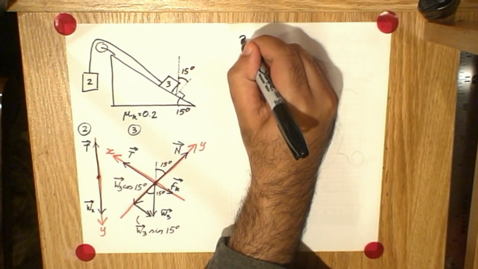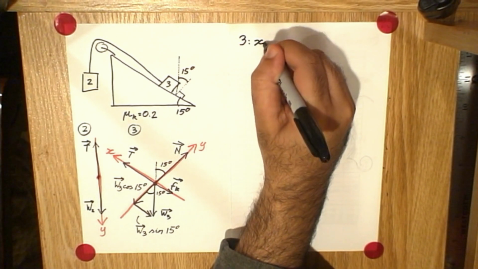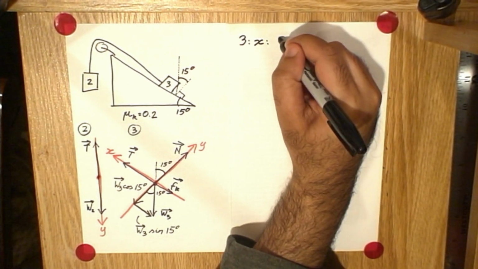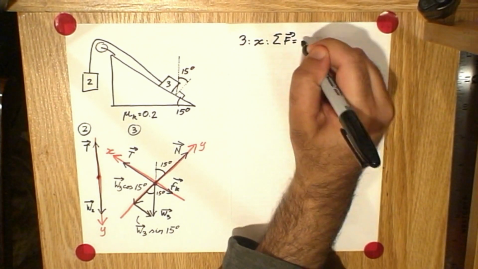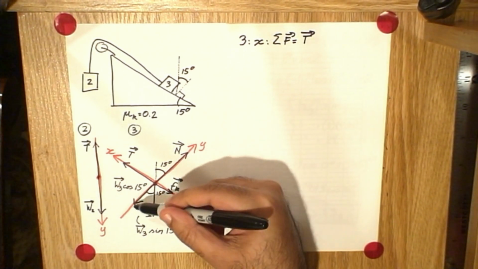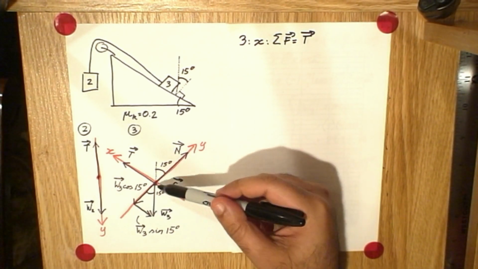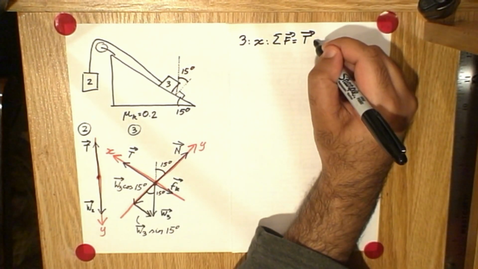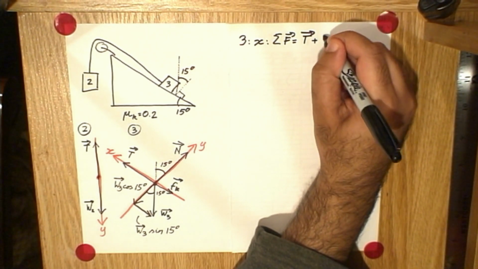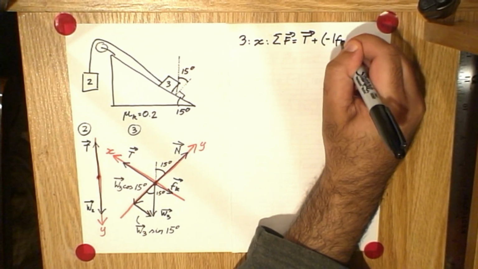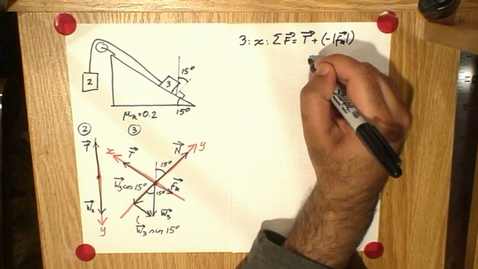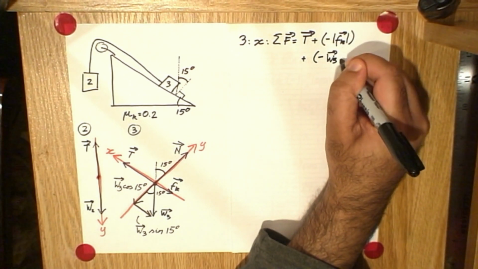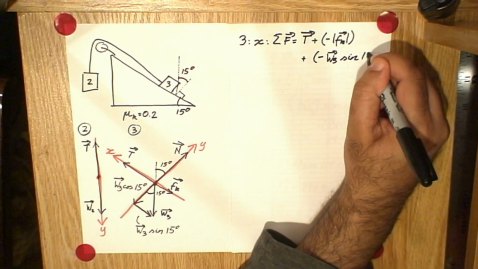Now, let's take a look at the 3 kilogram object and its motion in the x direction. There is one force pointed in positive x. That is the tension force. There are 2 forces, however, pointed in the negative direction. One is the friction, and the other is the sine component of weight. So that would be T plus negative force of friction plus negative W3 sine 15 degrees.